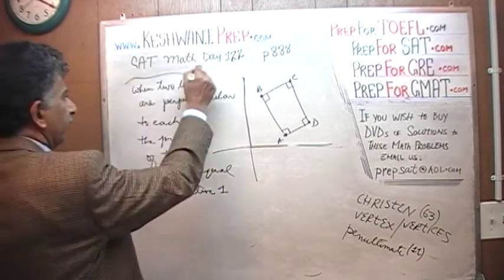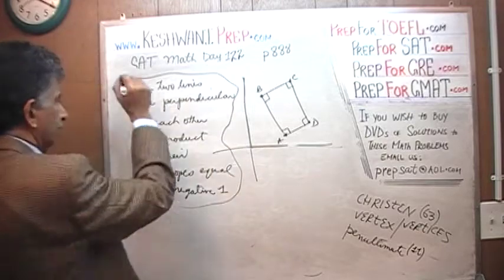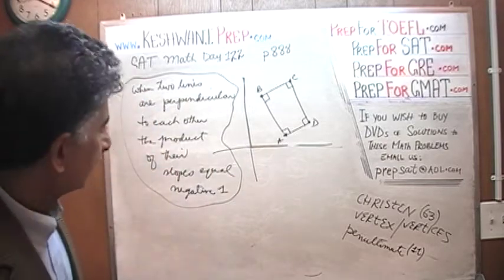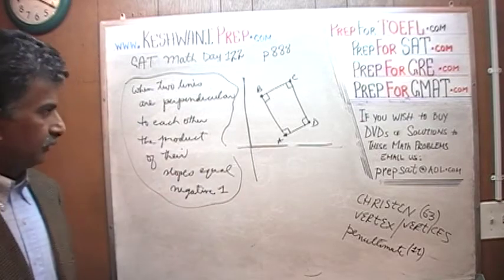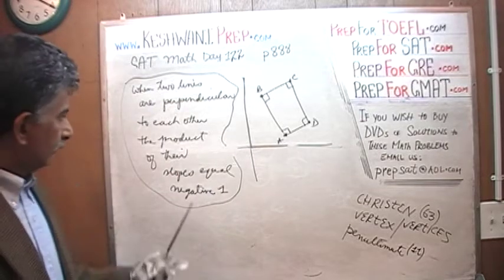This is what they're testing here. This is what they want you to understand, whether or not you know this concept and whether or not you're able to see it here. So that's what that is.